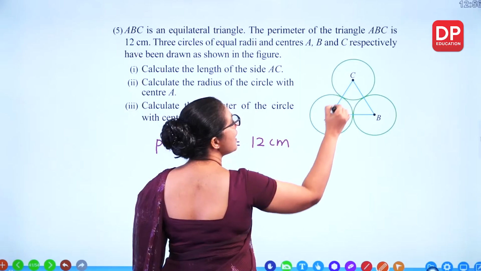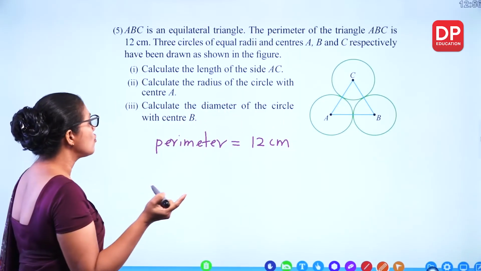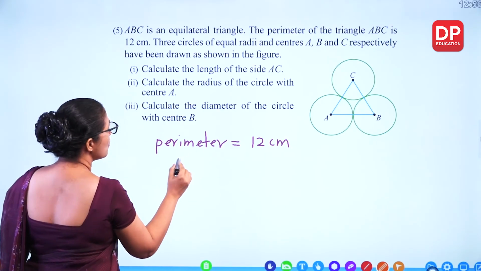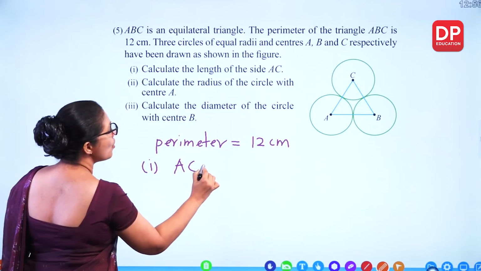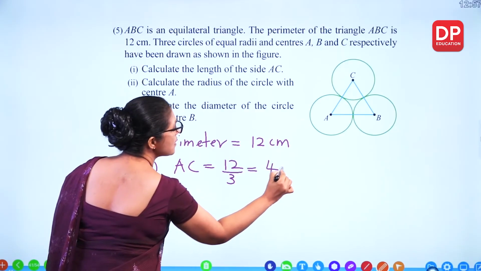So how can we find AC? AC is the side of the equilateral triangle, so you can divide by 3. AC length is equal to 12 centimeters divided by 3, 4 centimeters.